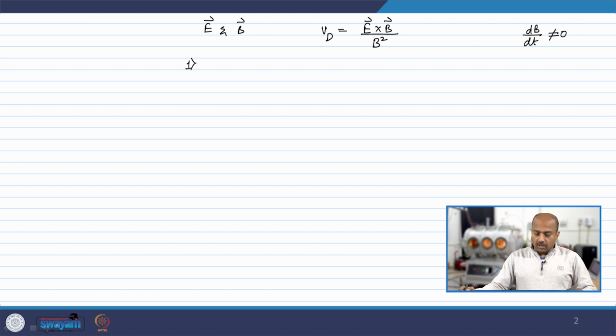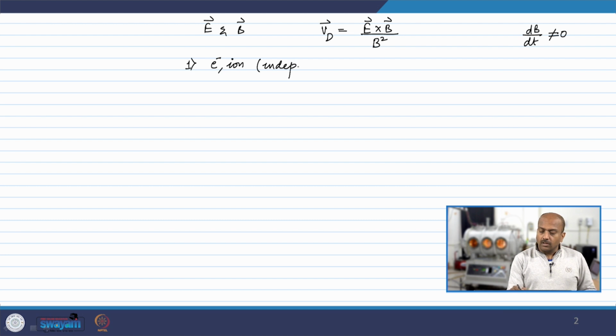The drift velocity Vd is independent of the charge. So, the Vd will be the same for electron and ion. Both the charges will be affected in the same way. Second, it is independent of mass. So, there is no mass dependency.